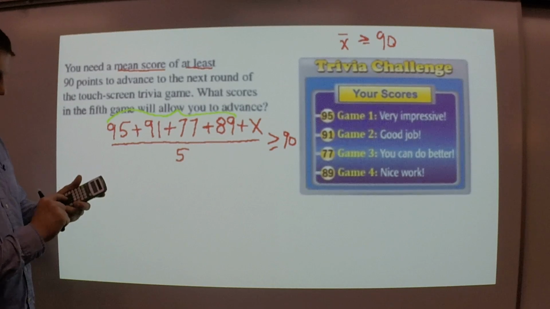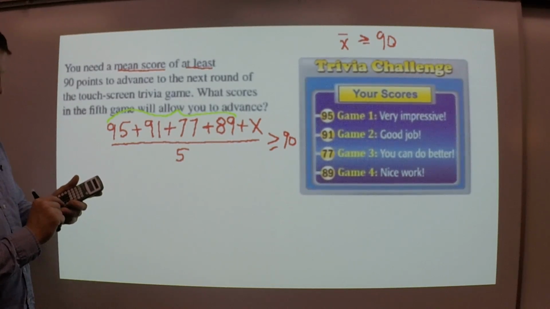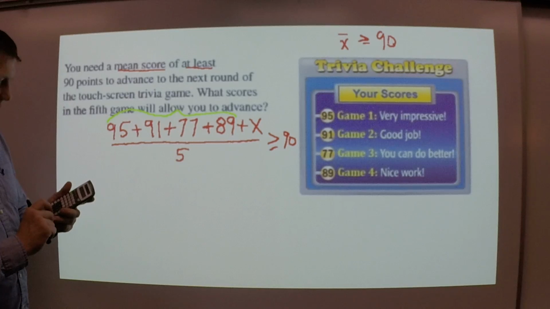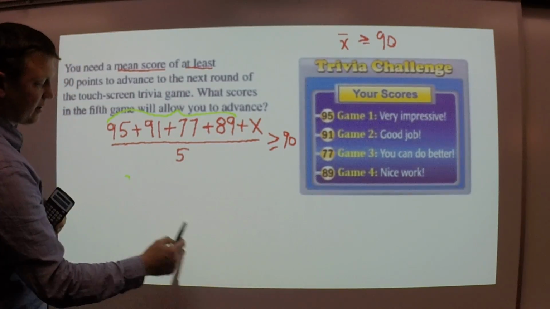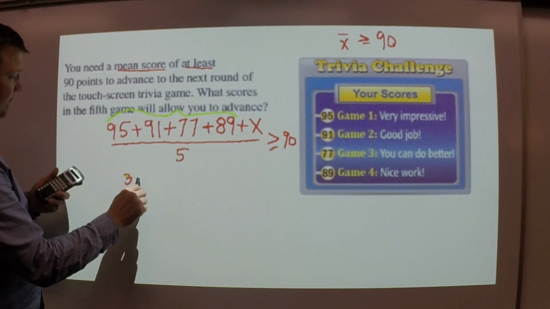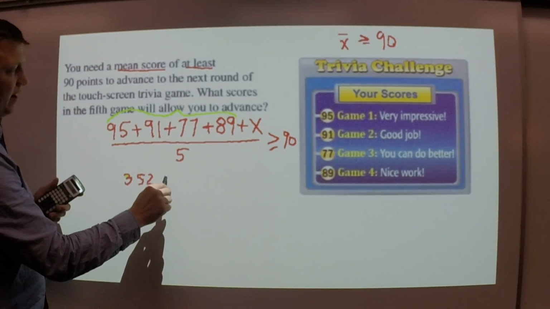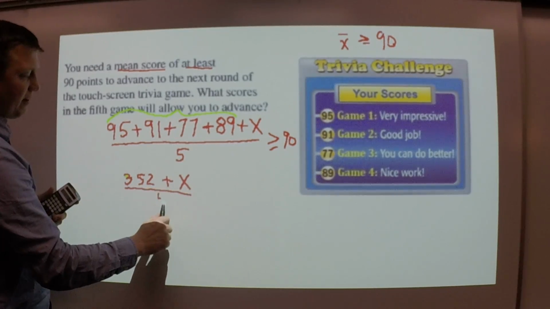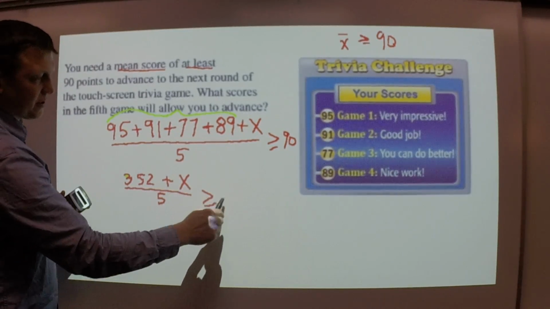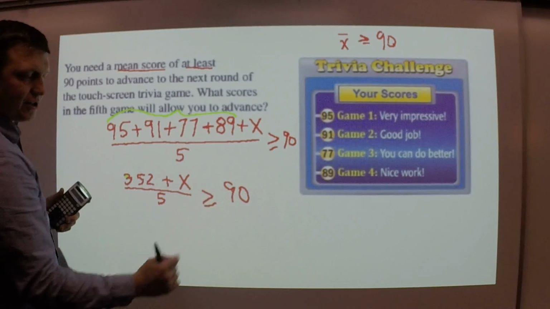And so I'm going to go 95 plus 91 plus 77 plus 89. And what do we get? 352, and then it's going to be plus what? One more score, all divided by 5, is greater than or equal to 90 as my average.